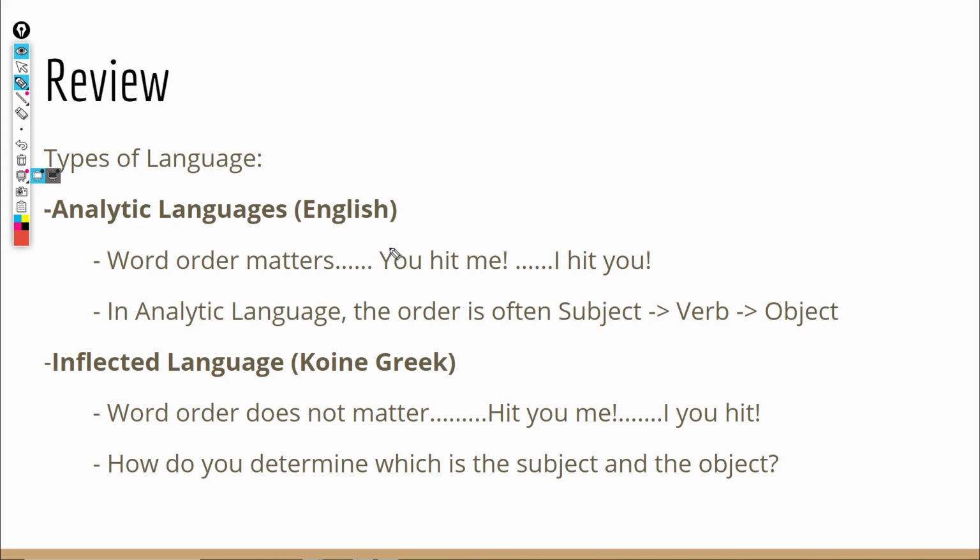Meaning, when we apply this structure to this sentence, you hit me, we see the subject, the one doing the action, we see the verb, the action word, and me would be the object. So you are hitting me, I'm receiving your hit.